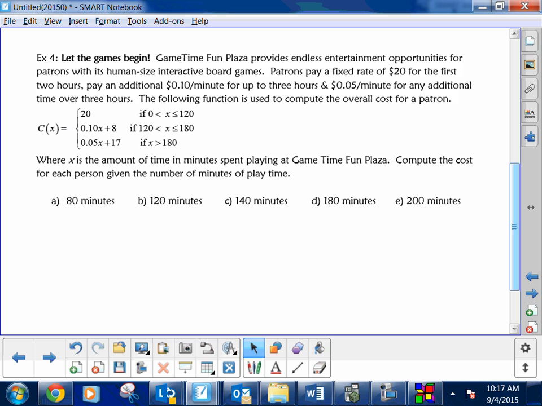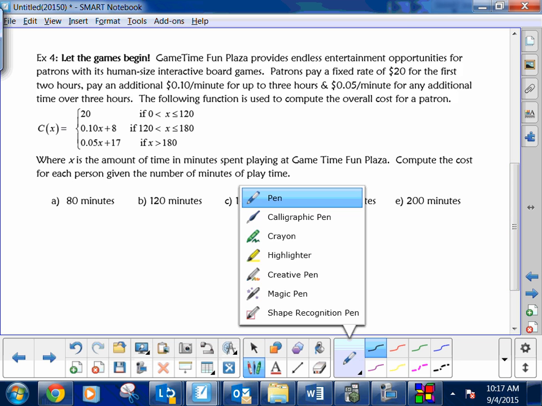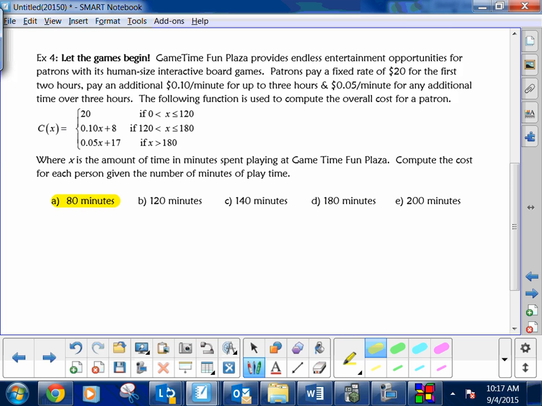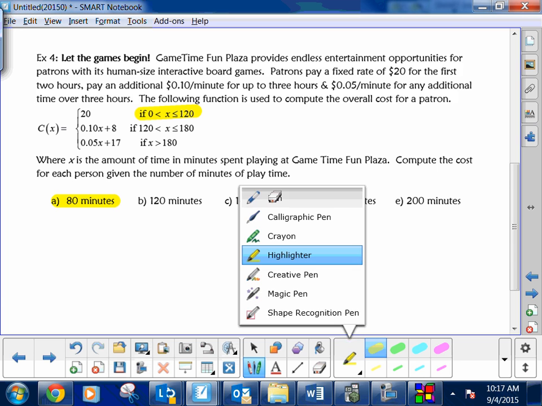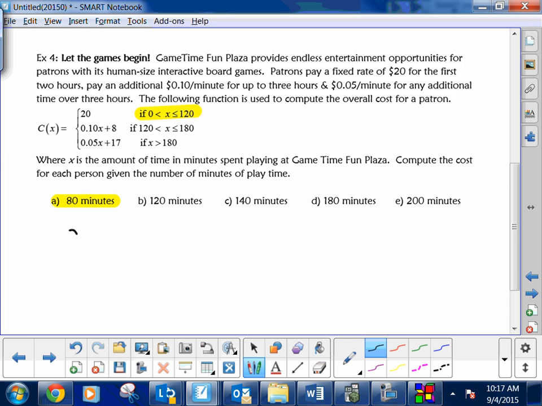Now, this first one, y'all see the 80 minutes? Okay, 80 minutes follows this one. Using that formula, I'll be paying $20 for the 80.